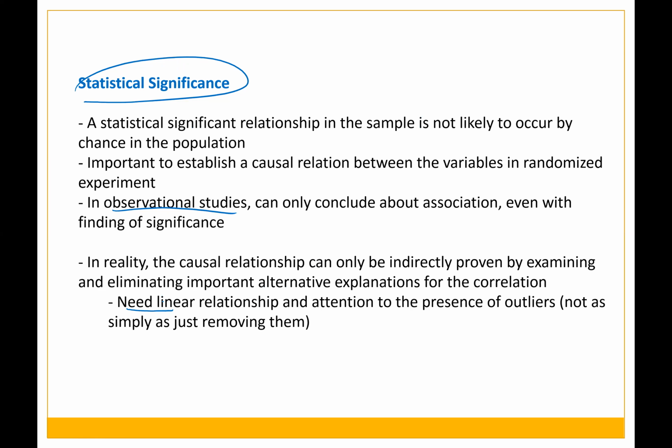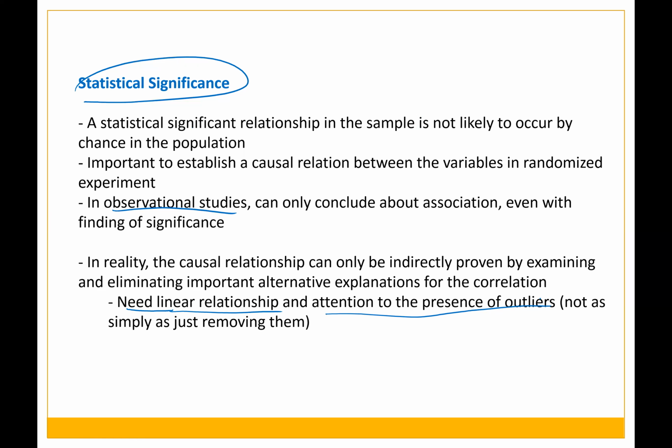In this class, we're just going to talk about linear relationships, and when we find a relationship, we look at the correlation and check whether there are any outliers before making a conclusion. If you see outliers, it's not as simple as just removing them because they don't match the data.